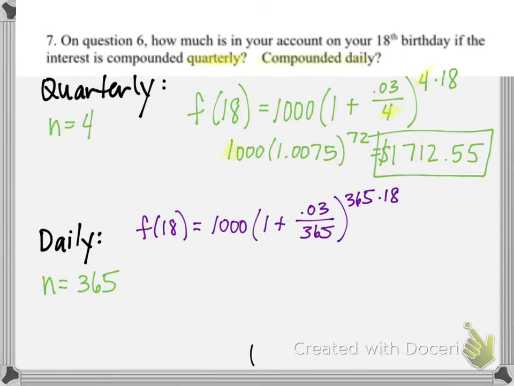So you get a really tiny decimal when you plug in this 1 plus 0.03 over 365. So I'm just going to plug in the entire thing into my calculator. And you get 1,715.97.